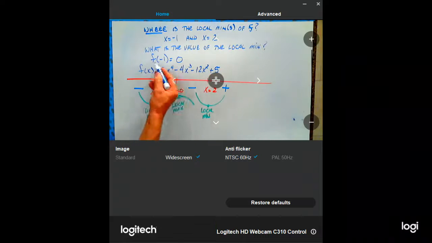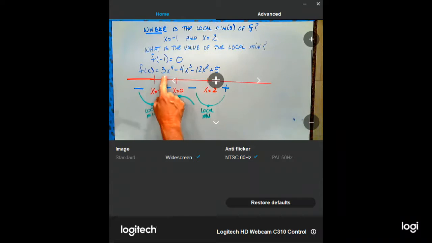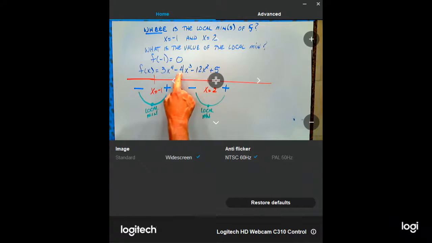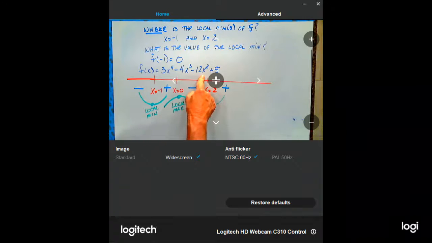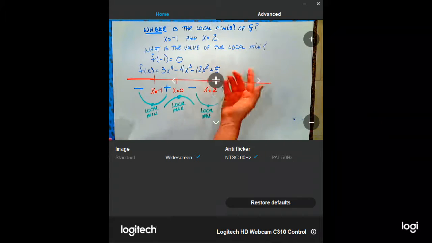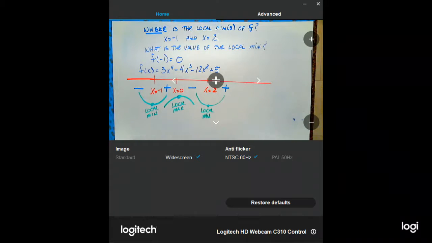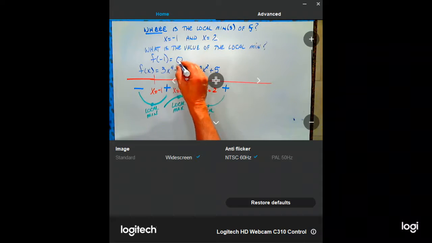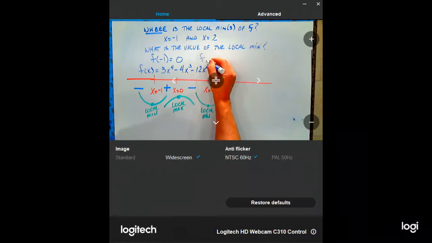Plus 5. So if we're going to plug -1 in here, what are we going to get? We're going to get 3. Here we're going to get -1 cubed. That's going to be -1 times -4. That's going to be 3 plus 4 is 7. Take away 12. So that's going to give us -5 plus 5. That's where I got the 0 from. Okay. So this is the value of the local minimum. The other one, of course, would be f of 2, right?